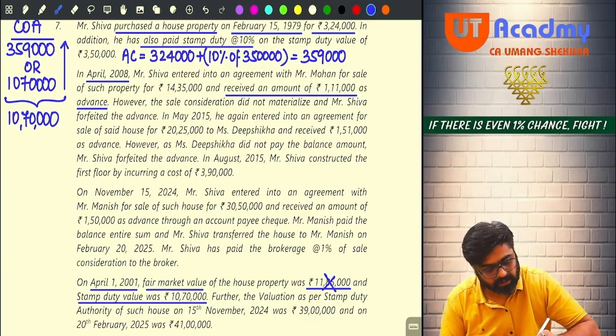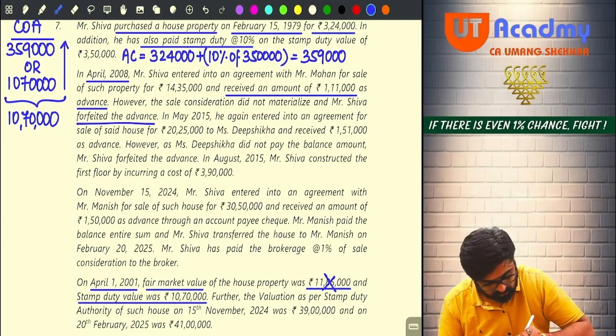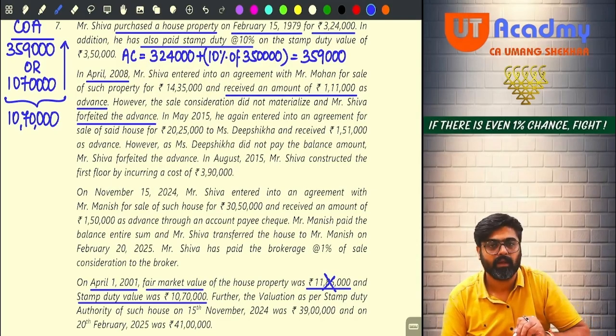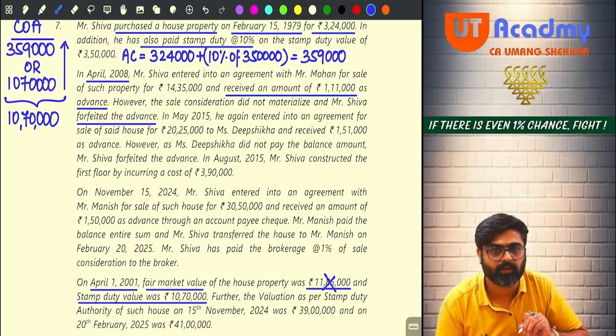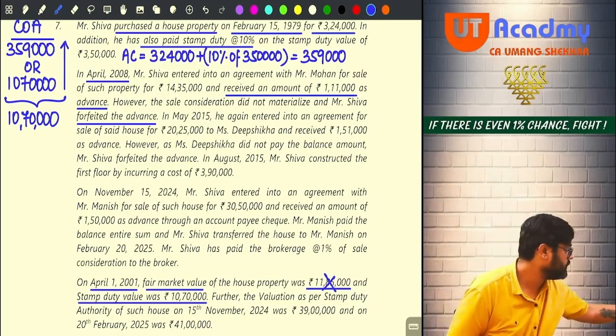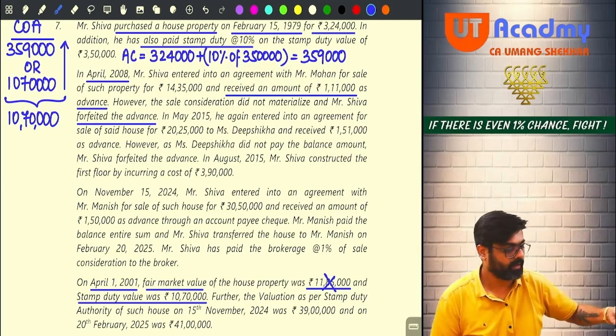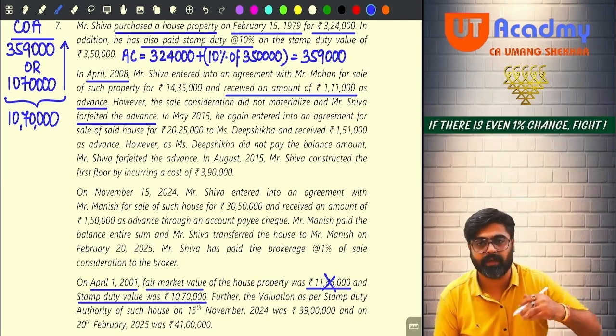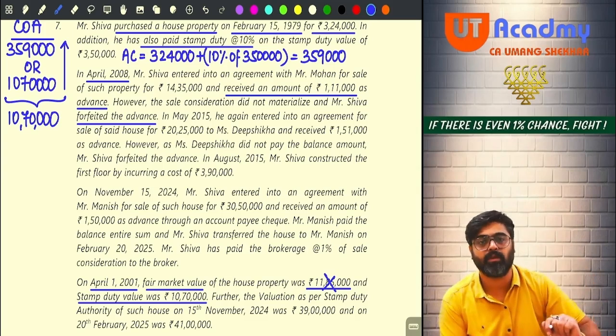However, the sale consideration did not materialize and Mr. Shiva forfeited the advance. He received the advance of 1,11,000 and he forfeited that advance of 1,11,000. Yes or no? He forfeited that advance. Is it forfeited, received and forfeited prior to 1st April 2014?